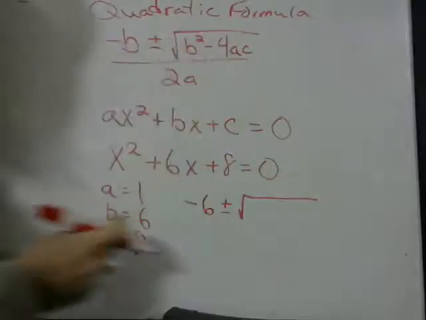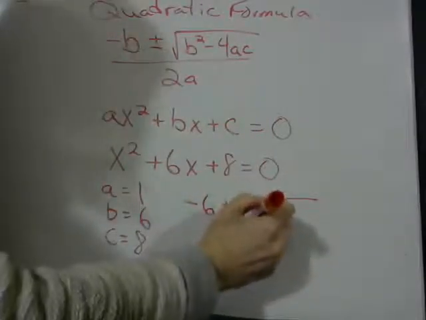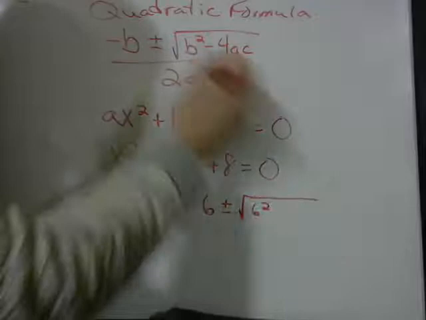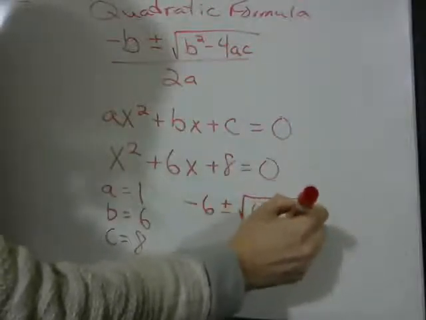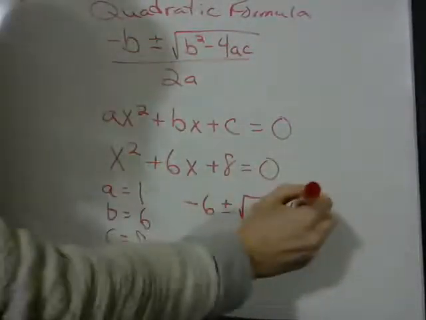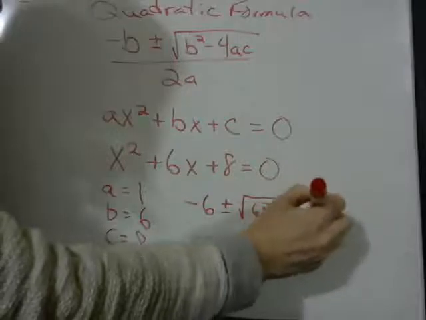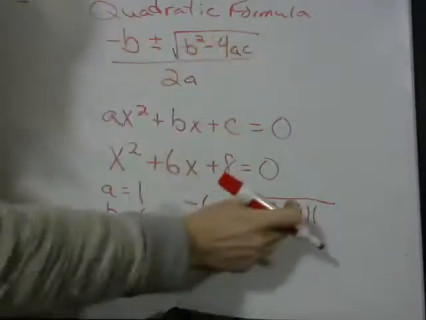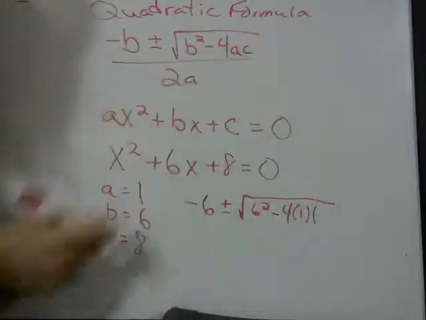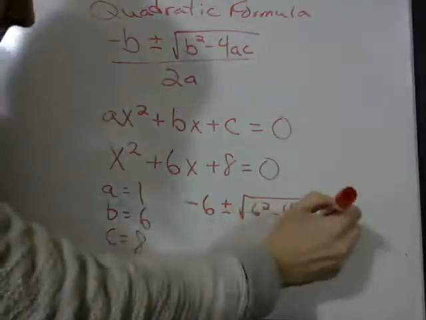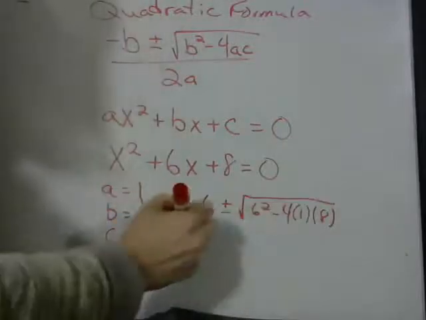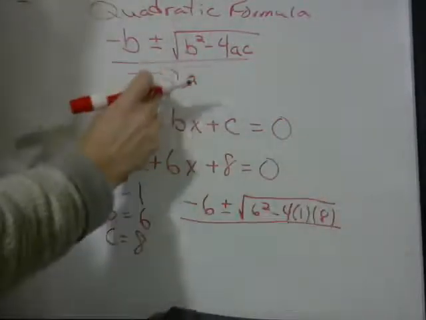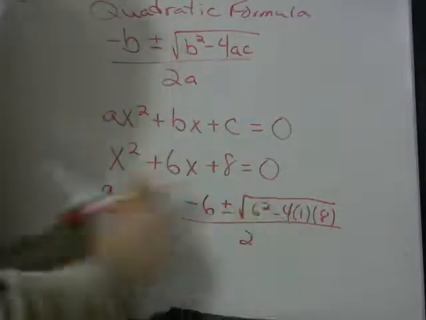B squared, so that's 6 squared, minus 4 times a is 1. Remember when we write things in parentheses, that means multiply. 4 times a, 4 times 1, times c. c is 8. All divided by 2 times a. a is 1.